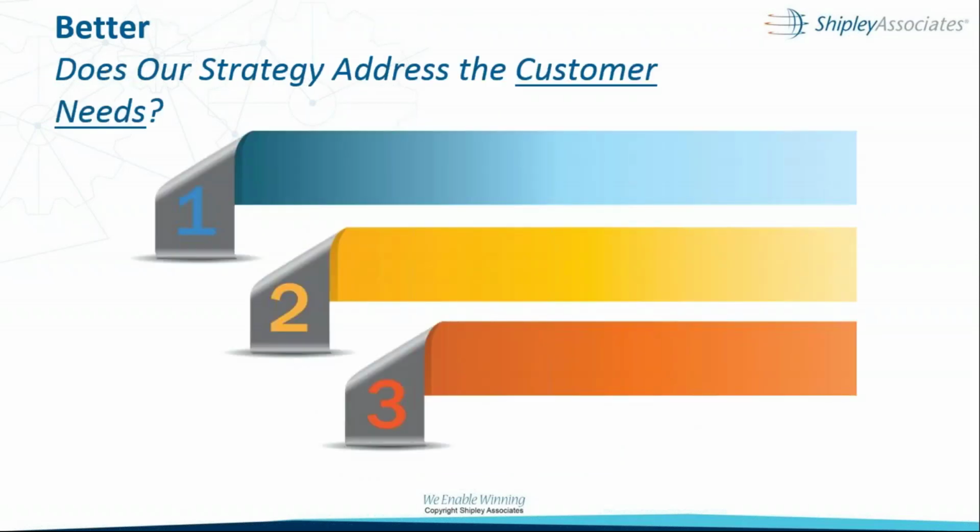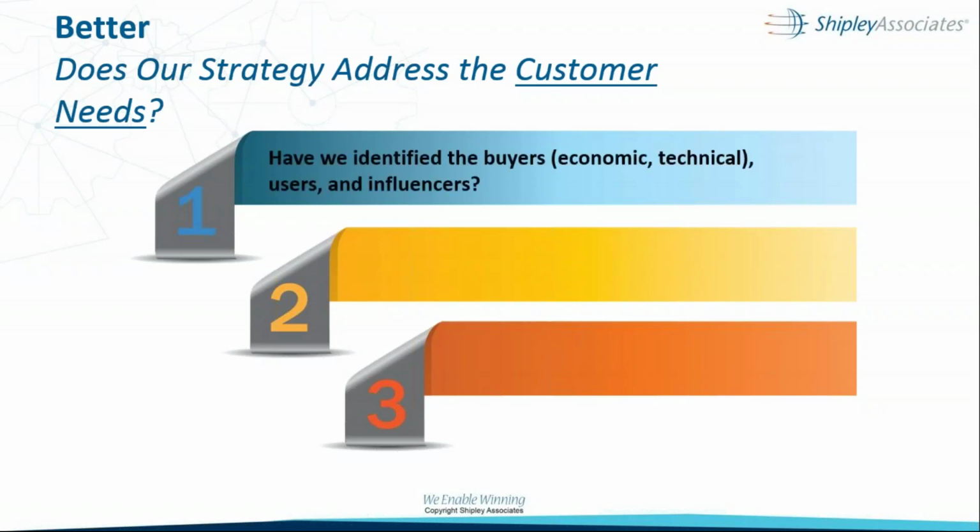So finally, and then I'll finish up here, Brad, and turn it back to you. Think about these three things. Is our solution addressing customer needs? Have we identified the buyers? Are we really writing to the right people or addressing the motivators and issues of the right people in the organization?